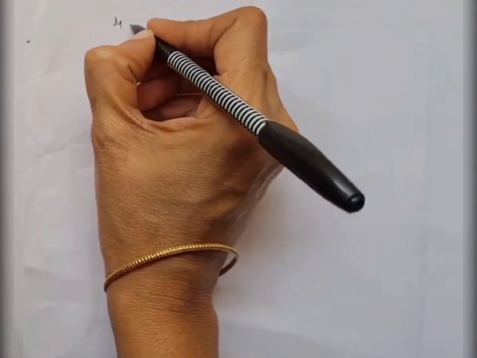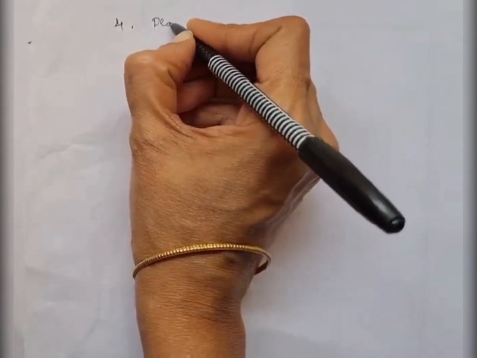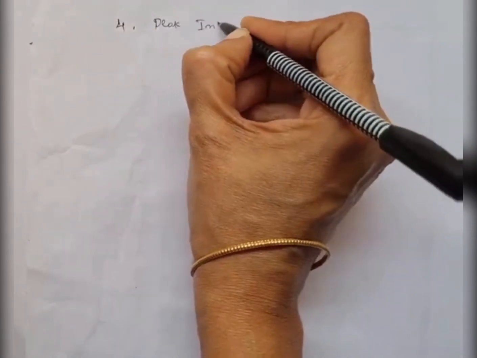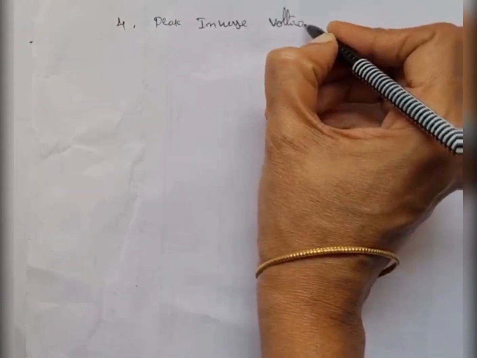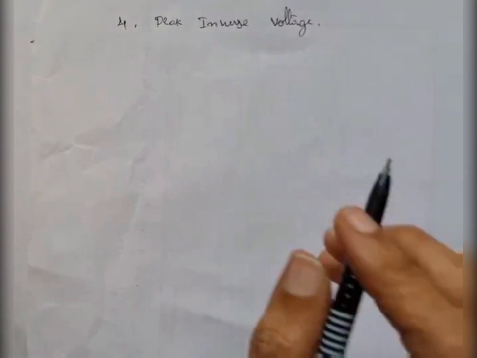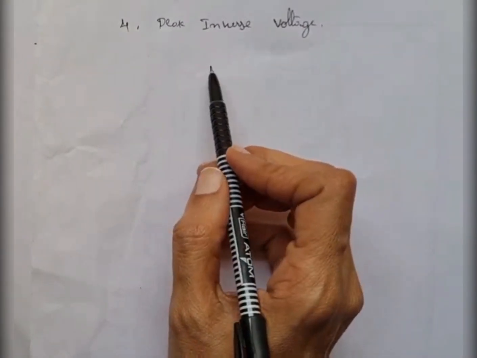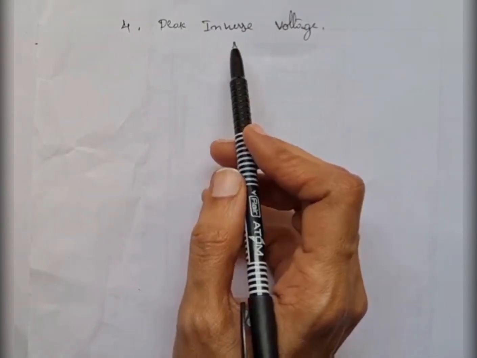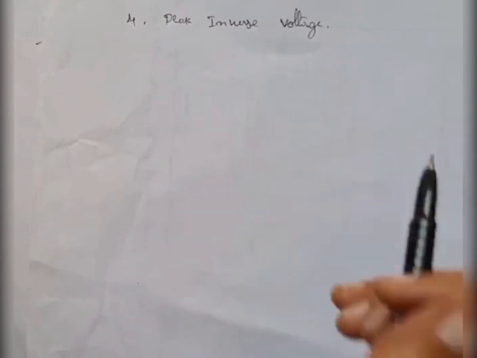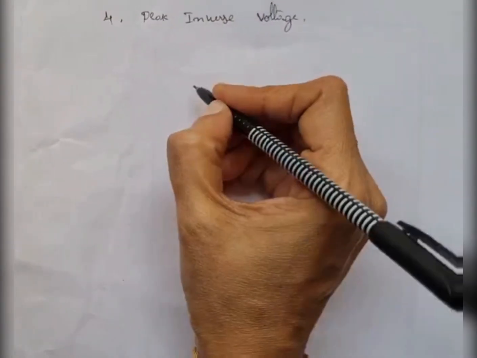And the fourth one we are using is peak inverse voltage. So in peak inverse voltage what happens? Same as maximum forward current. That is the forward current in a junction; this is the inverse voltage. Inverse voltage is applied to the junction without damaging the junction. They are both the same.